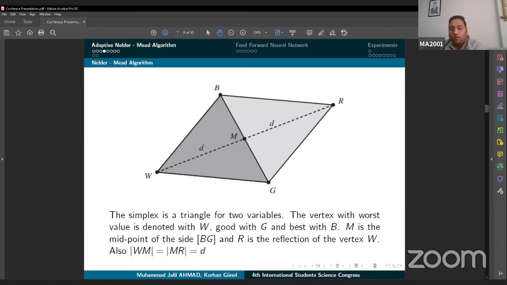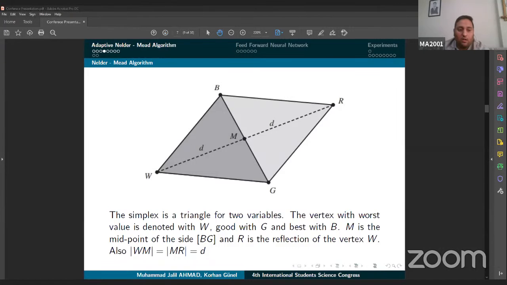So before getting to step number 3, let us consider that we are working in R2, and our simplex is a triangle, and we have calculated our values, and we have classified our points as the worst point, the best point, and the good point. This was the first step.